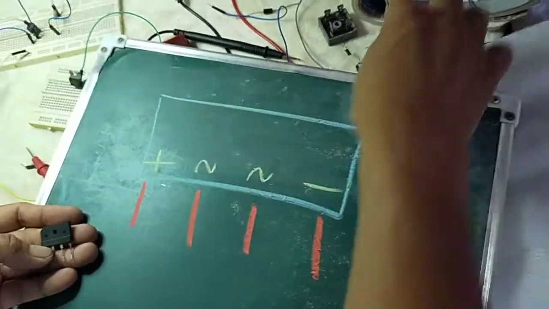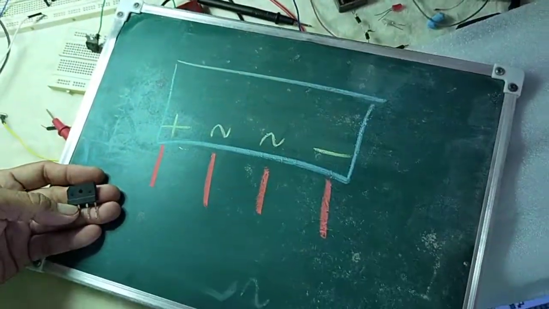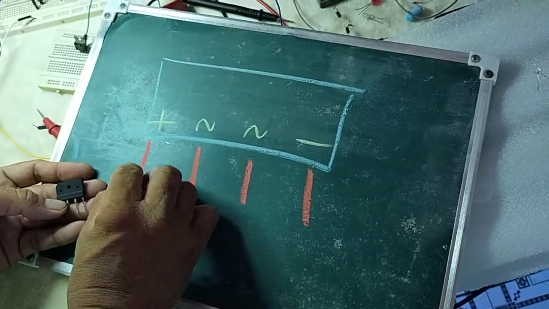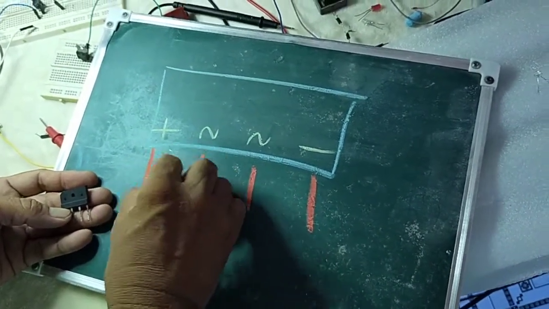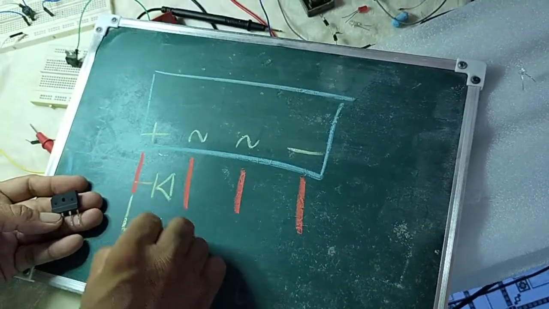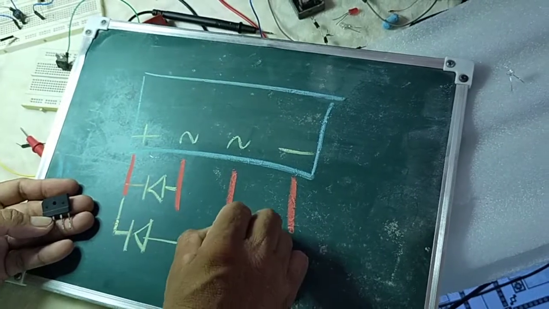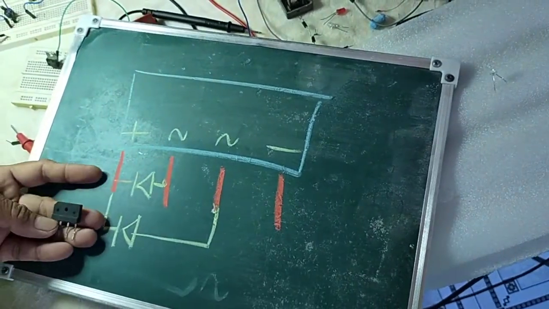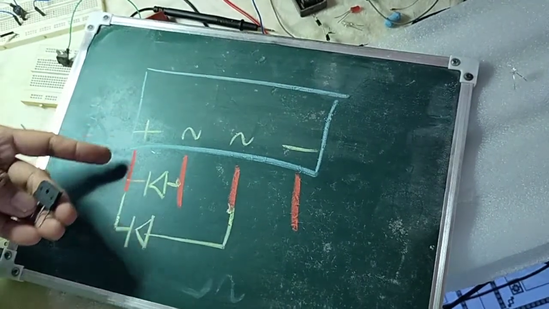So, the connection of the 4 diodes goes like this. This is now the cathode, anode. Just like that. The two cathodes are actually connected to the positive side.